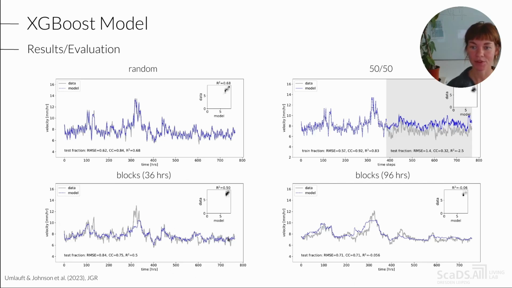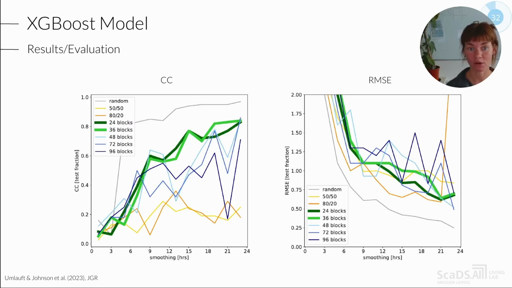What we then came up with is testing different blocks, or defining different blocks in our time series for training and testing. And here you can see two different models using these blocks. One has 36-hour-long blocks, the other one 96-hour-long blocks. And you can see in both cases we have a reasonably high correlation coefficient, and the RMSE is almost similar. So what we then did is to look at the robustness of our model.